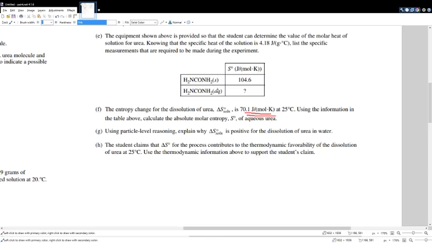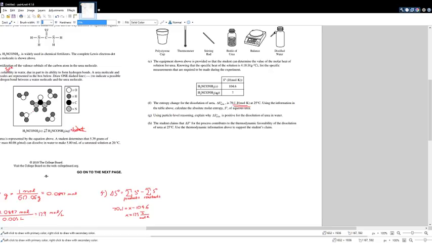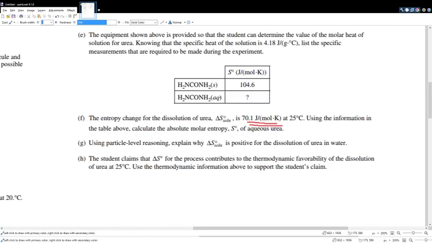And this is simply because there's more disorder in the aqueous solution because the ions are more free to move around than the solid compound. And because the aqueous solution, which is the final part of it, which is the product of the reaction, the entropy of this will be greater than the entropy of the solid because of their states.